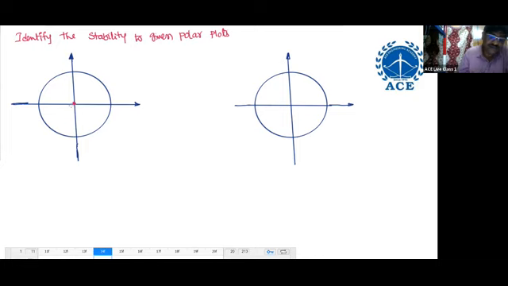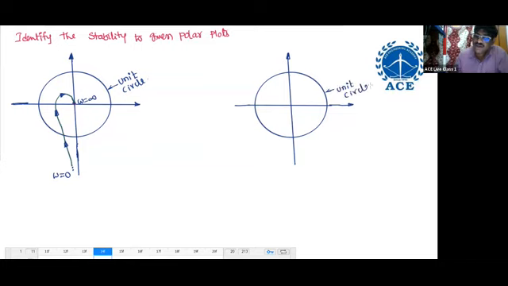Unit circle. This is called unit circle.